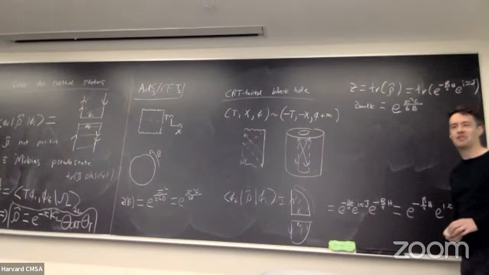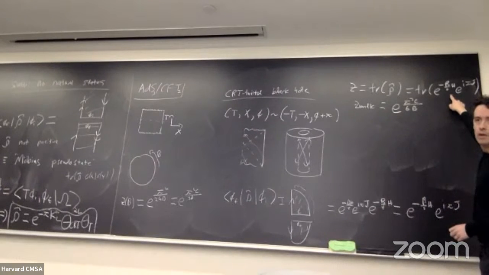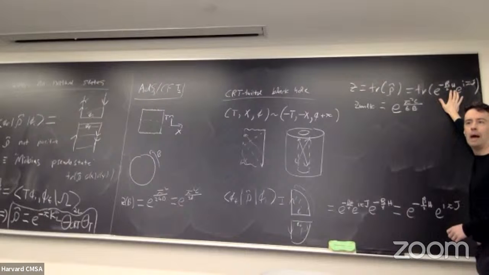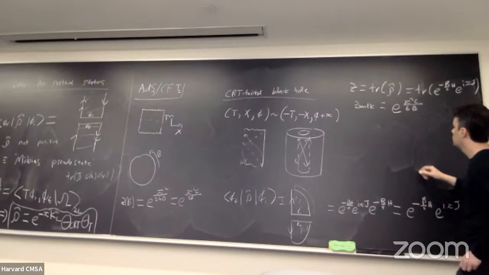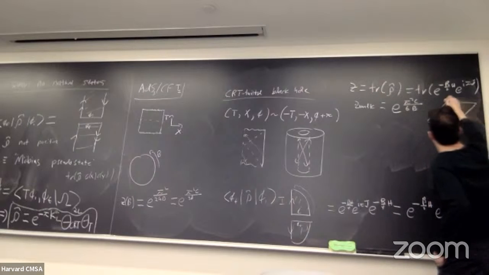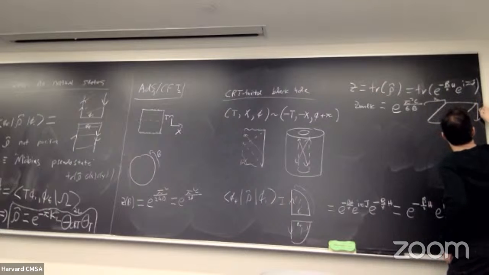Now the CFT calculation. If you stare at this, this is computing the CFT partition function on a torus which is tilted by pi. Roughly speaking, something like this, where this distance is pi, this distance is beta over 2.